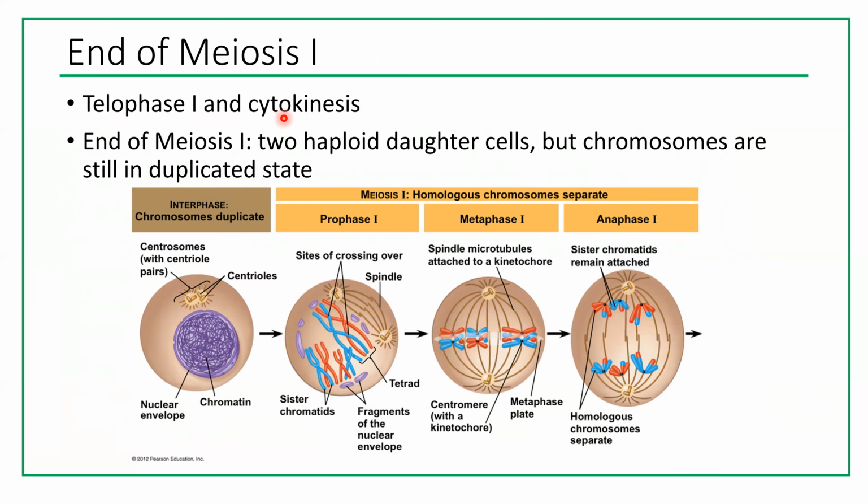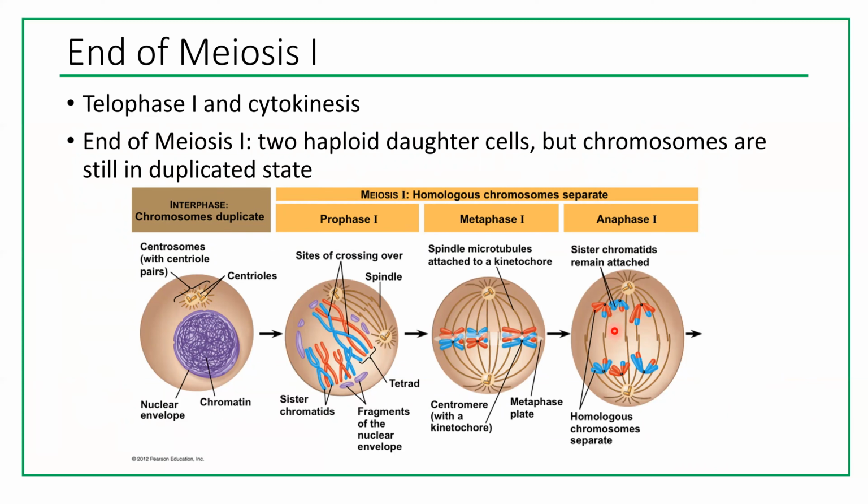Telophase 1 and cytokinesis. End of meiosis 1, 2 haploid daughter cells, but chromosomes are still in a duplicated state. Right, so here's our interphase, prophase. In prophase, we form those tetrads, right, crossing over occurs. Now in metaphase, tetrads are in the middle of the cell at the equator.